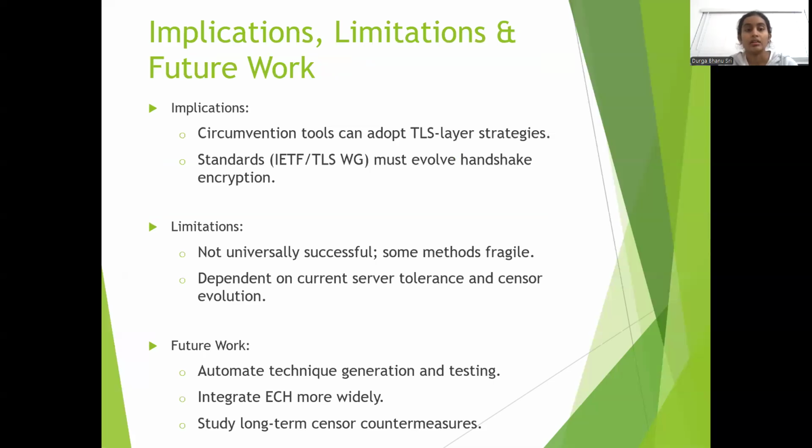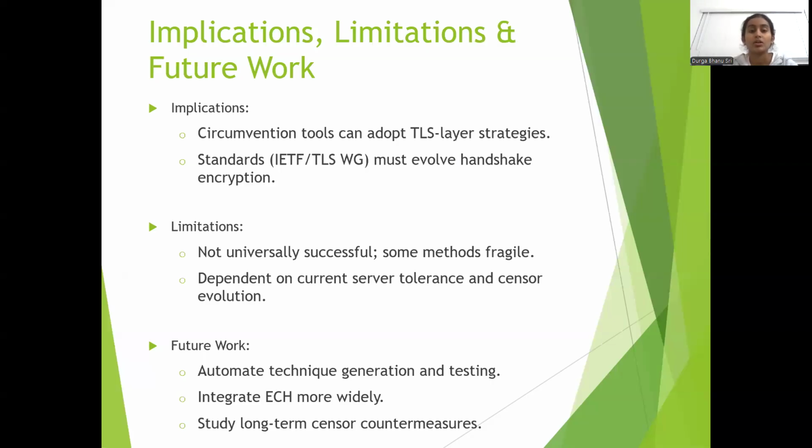And then implications, limitations, and future work. Implications include that developers of VPNs, censorship resistance tools, and TLS libraries should consider integrating some of these techniques. Standards bodies like the TLS WG should consider how handshake flexibility, extension encryption, and features evolve to resist censorship.